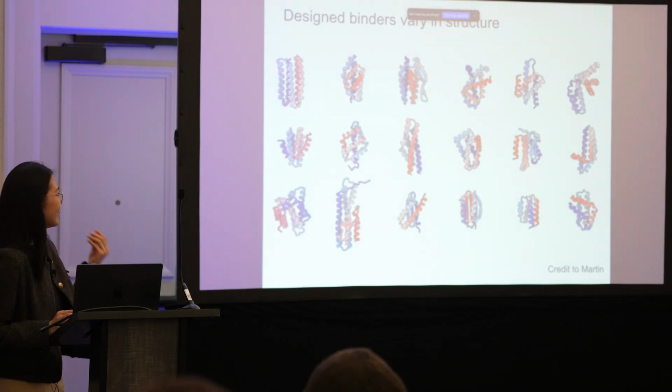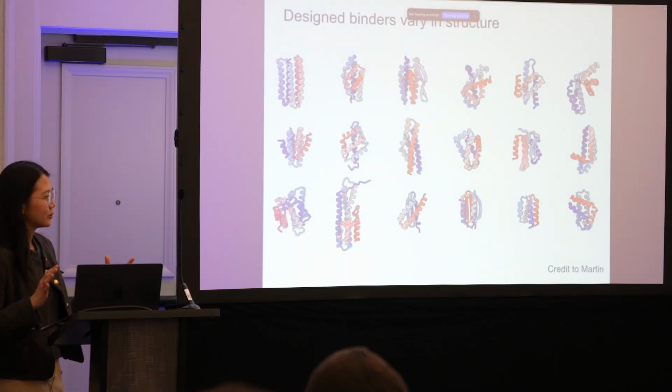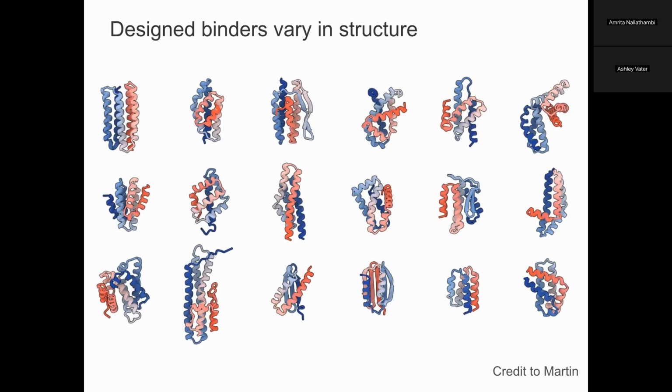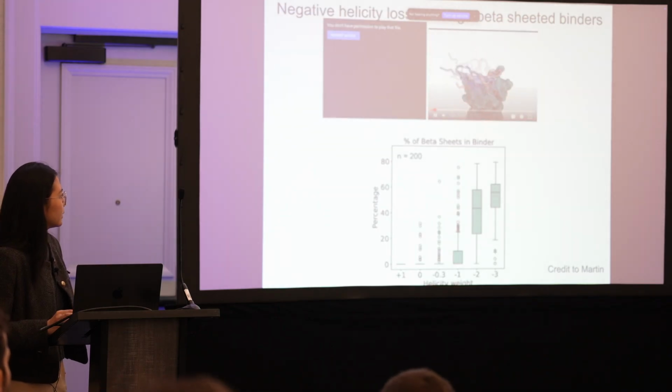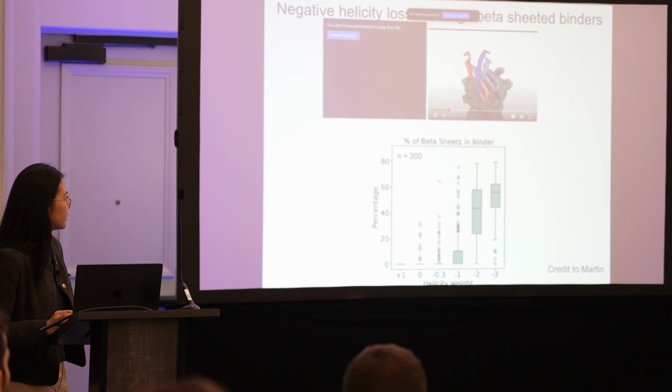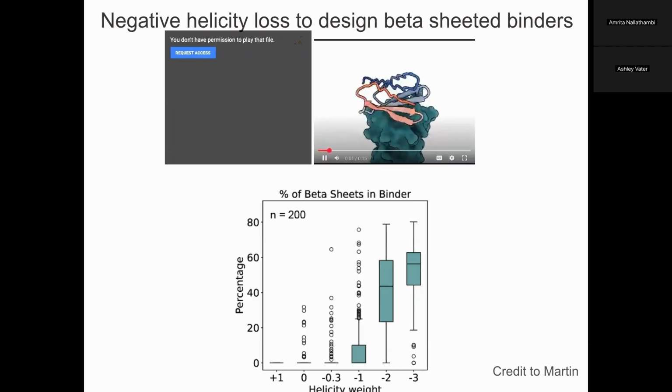The really cool thing about this is that it actually designed a lot of diverse structures, either alpha helix, but also beta sheets and combinations of alpha helix and beta sheet structure. Also, you can modulate the loss functions to bias your final structure to have more beta sheets or more alpha helix.